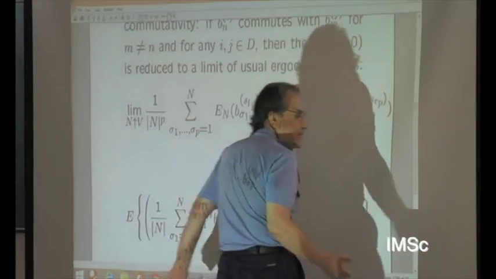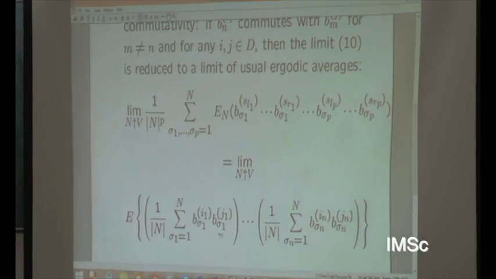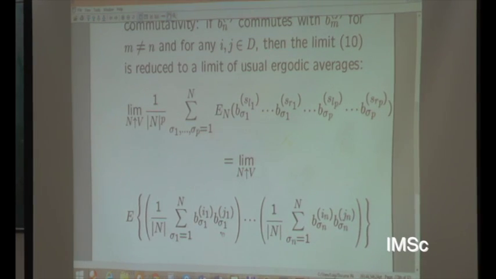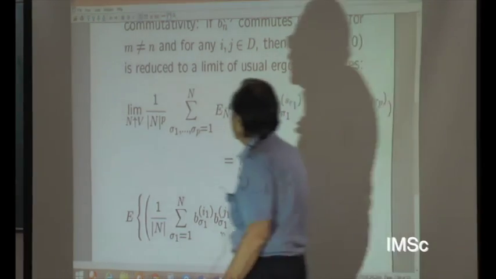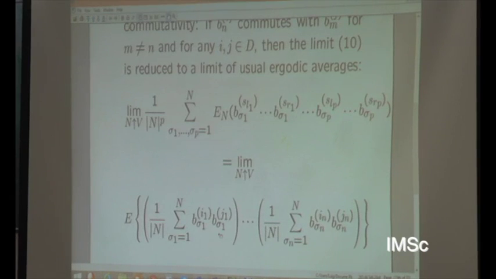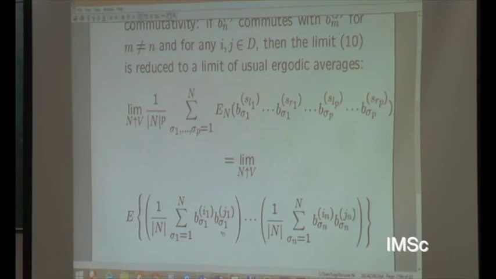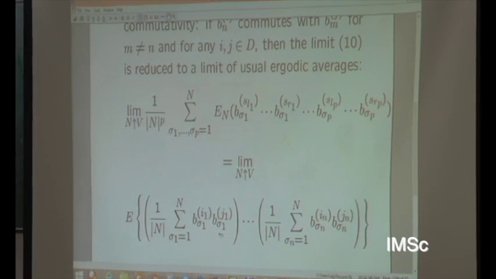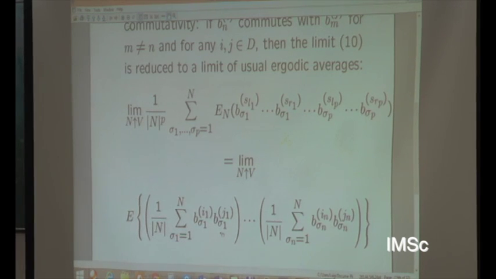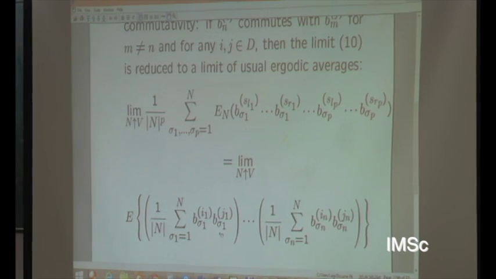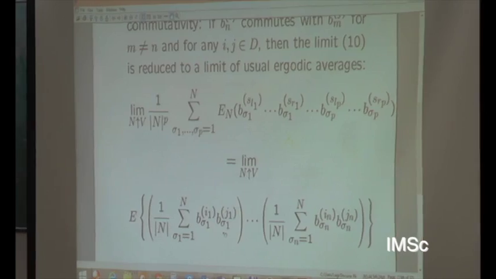Why entanglement? What is entangled? I give you a very simple example. For p equal to 2, you have 1 over the cardinality of N to the power 2.